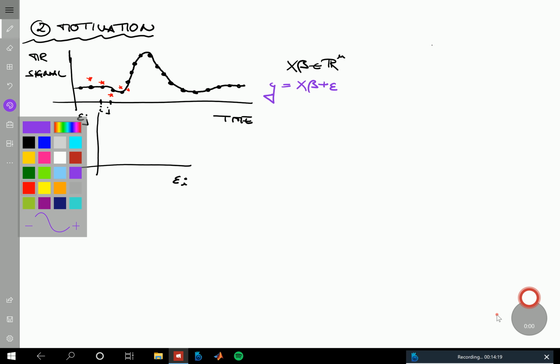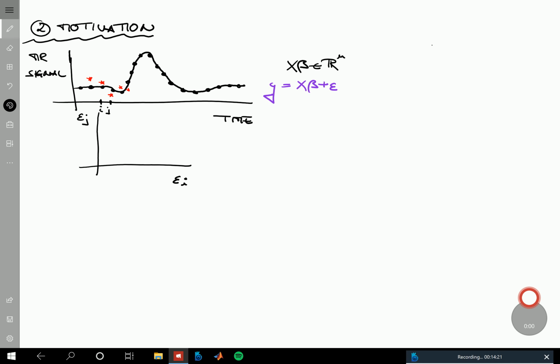And what we are interested in is the distribution of 2 time points over many of these repeated samples, which of course are hypothetical. We only have one observed data series in reality, but the model of course says that the epsilon are distributed, and hence we can imagine taking many samples. And for these many samples we only look at 2 time points now, at i and j.